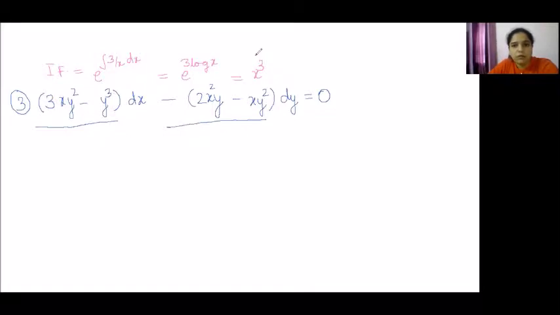We will find the integrating factor using this result, 1 upon mx plus ny. So simplify it, you will get the integrating factor, multiply the equation on both sides with this integrating factor, the equation will become exact, and solve it.